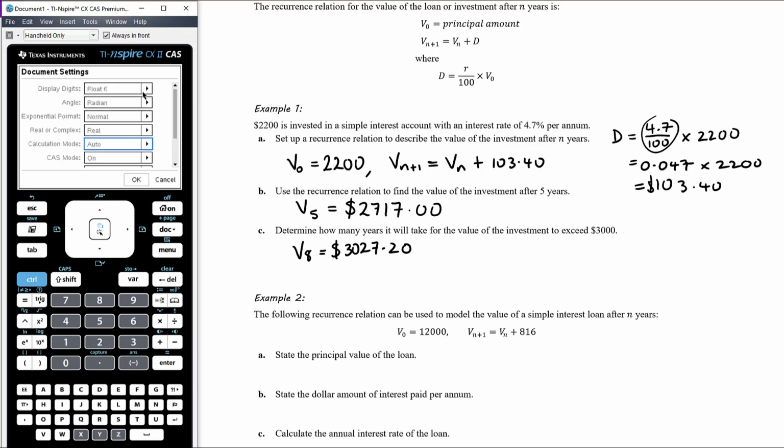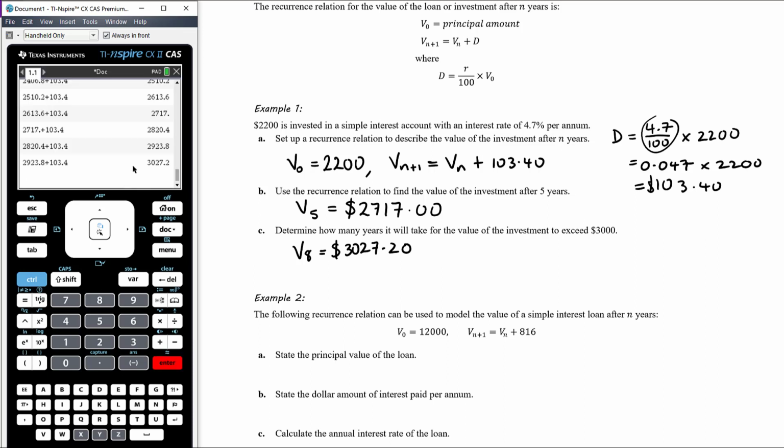So the default for the CAS is float 6. I would strongly suggest when you're doing financial maths, at least make it float 8, maybe even make it float 10, because down the track we're often going to be dealing with problems that involve home loans, and you've got hundreds of thousands of dollars, and if you still need to give the answer to the nearest cent, you're going to need quite a lot of digits displaying. Now, it's possible to override it if you haven't got your CAS settings such that you can see enough digits, and I'll talk about how to do that down the track, but I would strongly encourage you to make sure that you've got your float settings quite high.